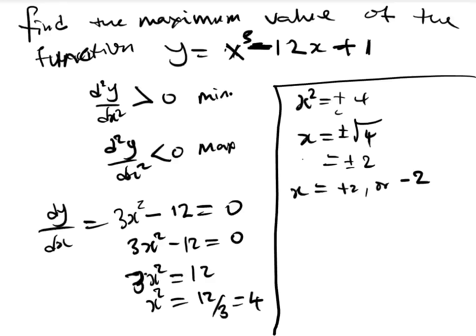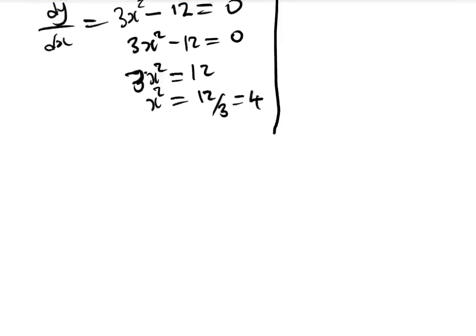Then to differentiate this for the second time, we have d²y/dx². This is differentiation of 3x squared is 6x, and the differentiation of constant 12 is 0. But we already have that x can either be minus 2 or plus 2.